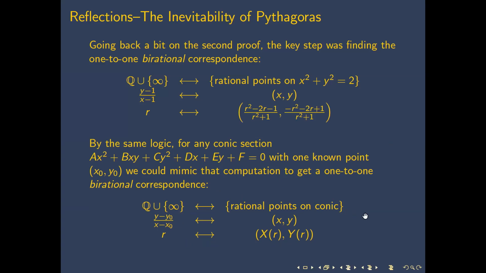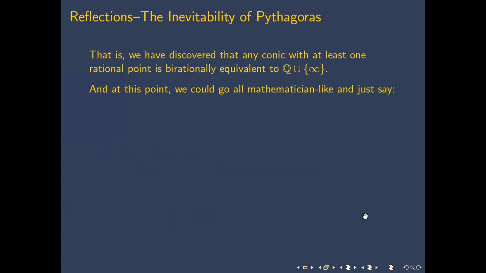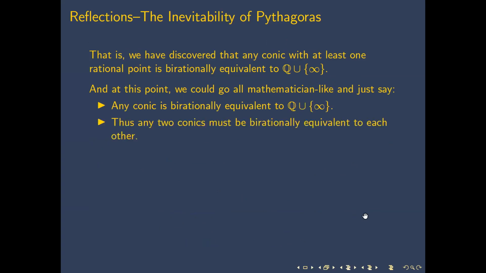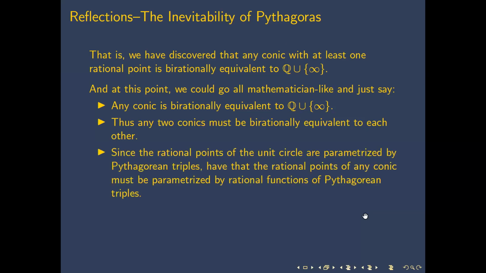And at this point, we can kind of go all mathematician and just say, well, any conic is birationally equivalent to Q, and so that means any two conics must be birationally equivalent to each other. And well, since the points of the unit circle are parameterized by Pythagorean triples, then that means that the rational points of any conic must be parameterized by rational functions of Pythagorean triples somehow.